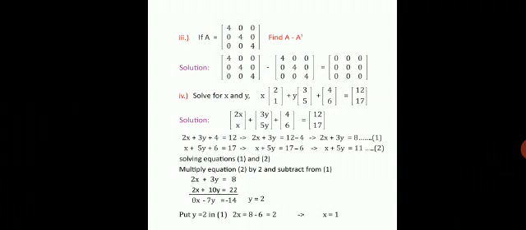Similarly, in the second equation, x plus 5y, transposing 6 to the right side, becomes 17 minus 6, so x plus 5y is equal to 11. So these are the two equations we get after simplification. Now solving equations 1 and 2, multiply equation 2 by 2 and subtract the second equation from the first equation.